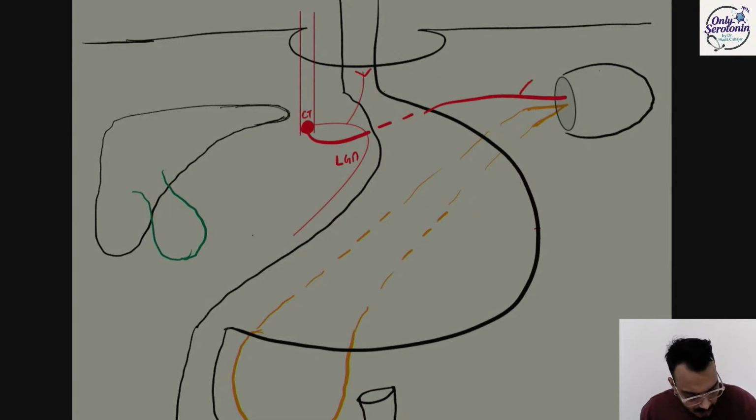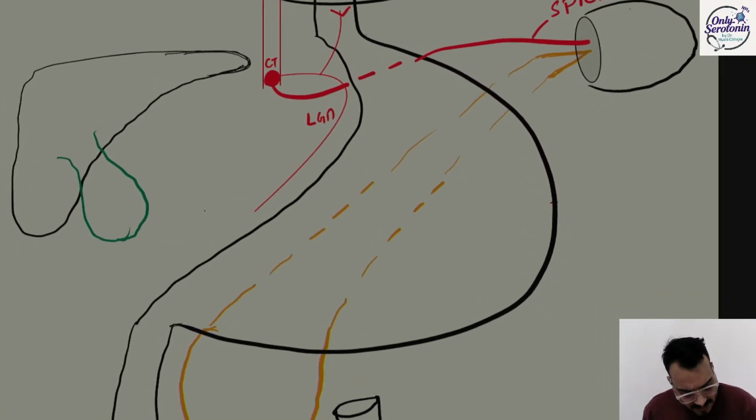So the artery which is going to go posterior to the stomach, that is the splenic artery. This splenic artery is very important. It is giving 6 different branches.